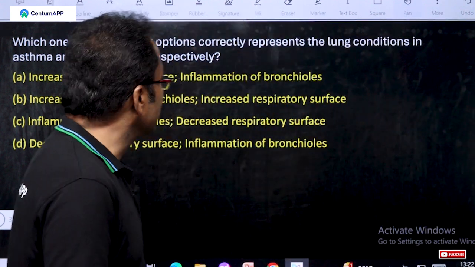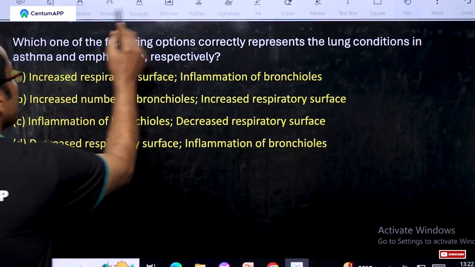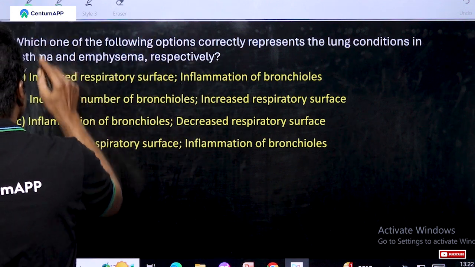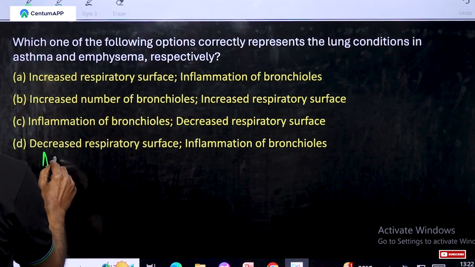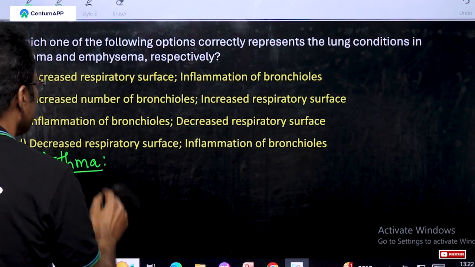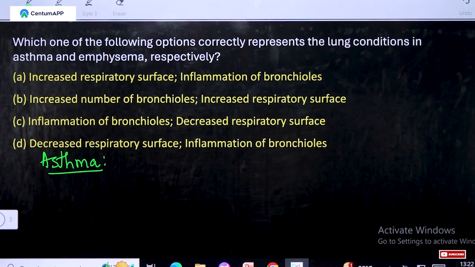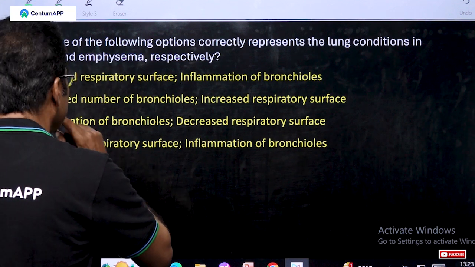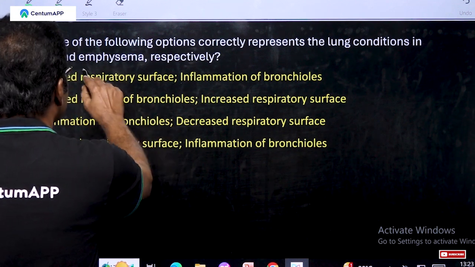First, asthma. Asthma is the inflammation of the respiratory tract, especially the bronchioles.